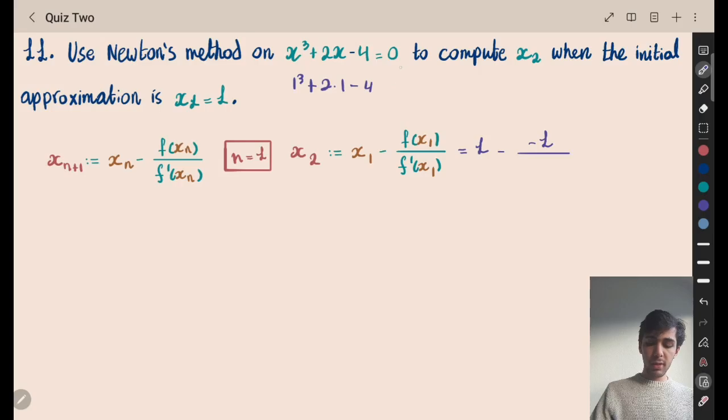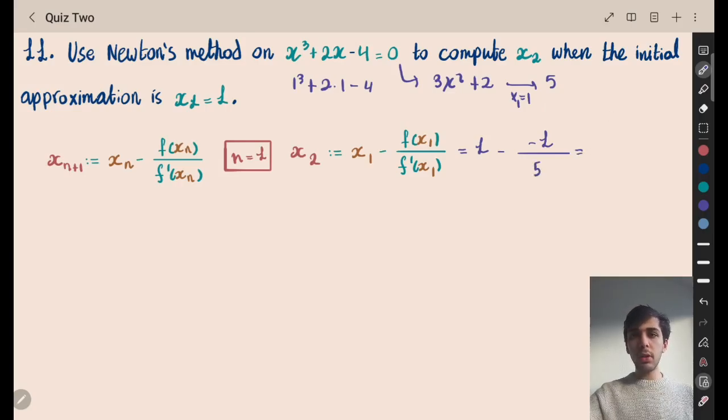And then what remains is to take the derivative of this, 3x squared plus 2. And then if I plug in x1, which is equal to 1, I will get 5. So in principle, the answer should be 6 over 5.